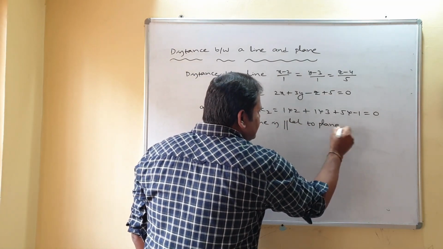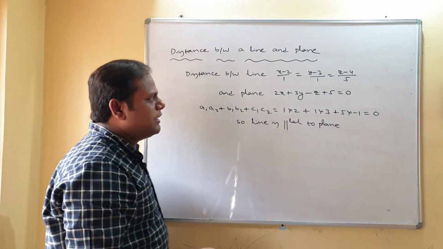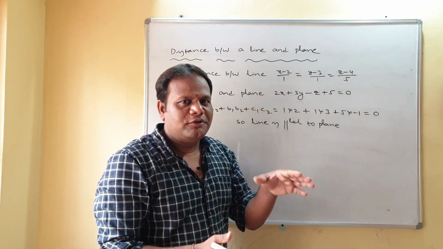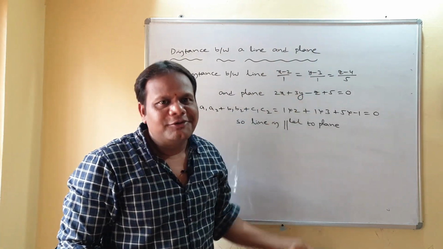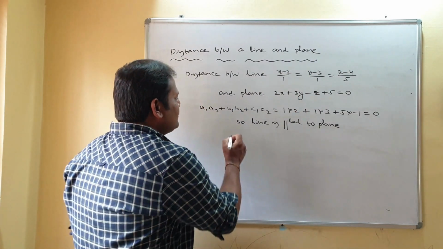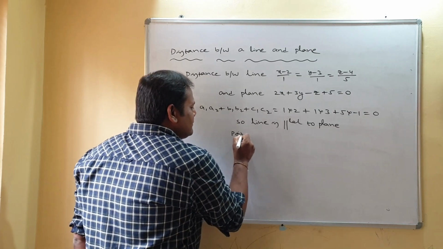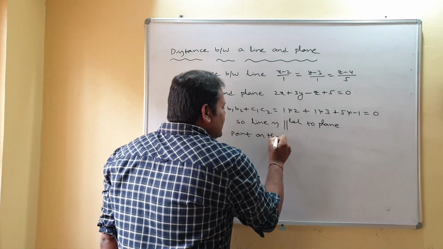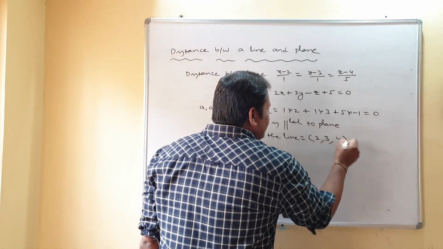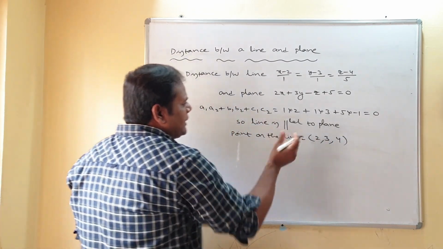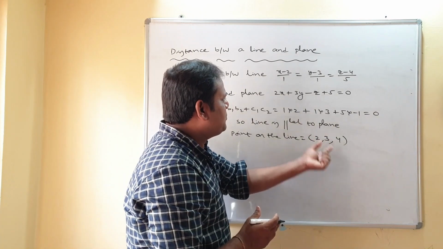If the line is parallel to plane, what is the distance between them? You take a point on the line and from that you find perpendicular distance. Can you tell one point on the line? The point on the line is 2, 3, 4. Now you find perpendicular distance from this point to plane.